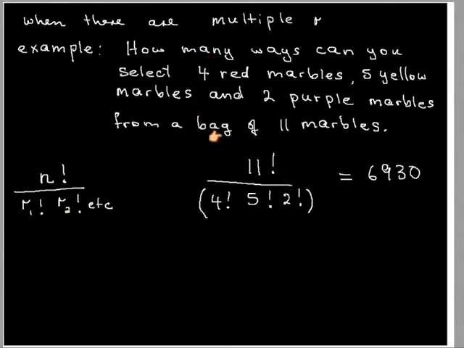So in this particular problem here, my total n is 11 because the bag has 11 marbles, divided by 4 factorial for the red, 5 factorial for the yellow, and 2 factorial for the purple. And if you plug it in your calculator, you get 6930.